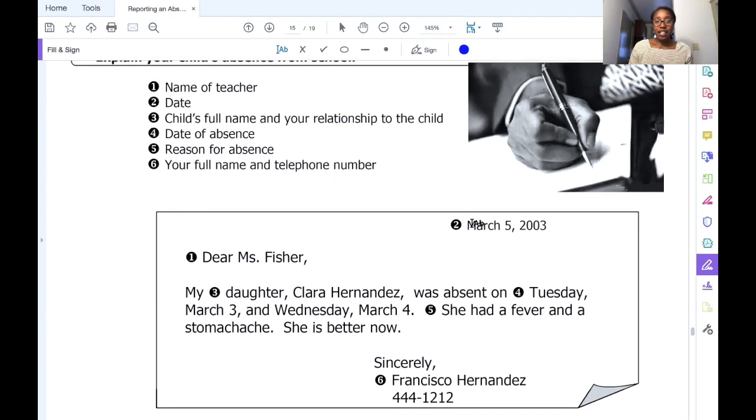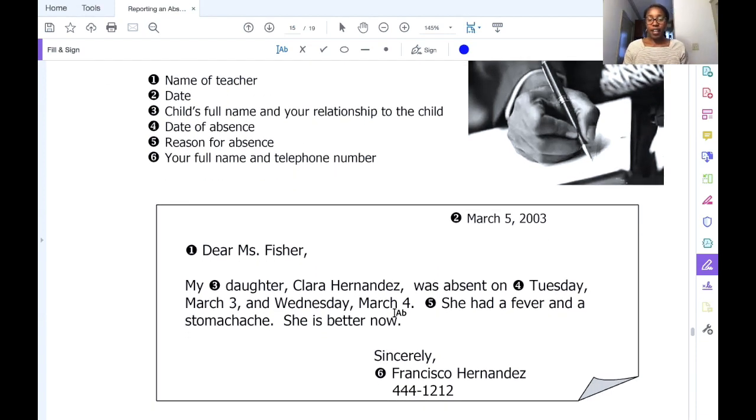In our example of an absence note, we have the name of the teacher. Number one, the name of the teacher. So, dear Miss Fisher, the person you are writing to.